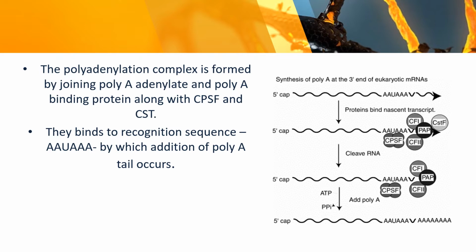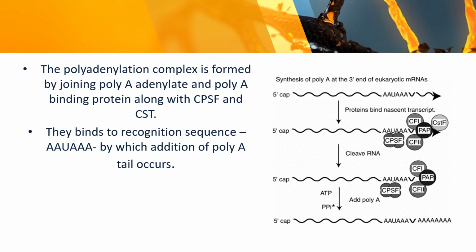The first is cleavage and polyadenylation specificity factor, that is CPSF, and the next is CSTF, cleavage stimulation factor F. These two attach to the mRNA which is joined to the DNA, and the cleavage happens, so the mRNA gets detached from the DNA.